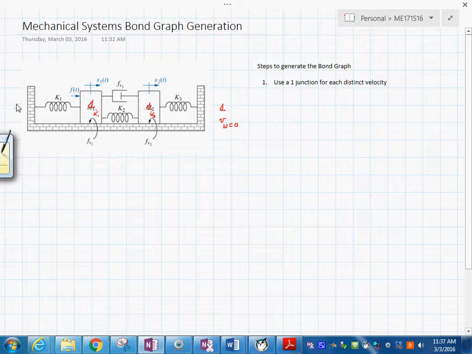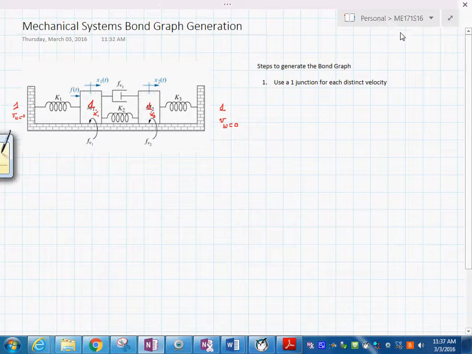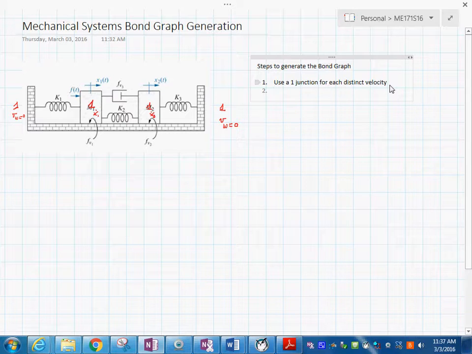Very good. Step number 2 you're going to do is you will say attach the elements that experience those velocities.